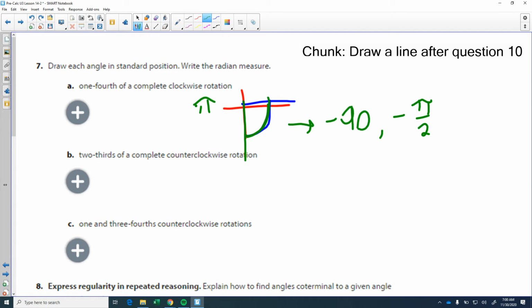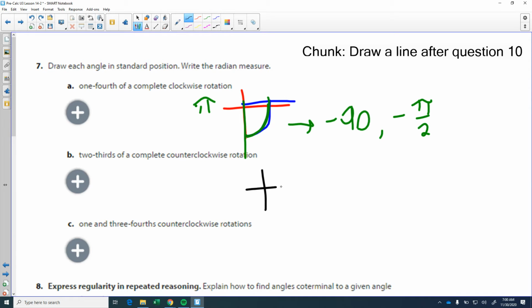If I go 2/3 of a complete counterclockwise rotation, once again, we draw our graph. 2/3, where it would be right about here. We want to understand what's that actual value. Well, 2/3 would be 120 degrees, if you're thinking about 2/3 of 180. Oops, excuse me. I was thinking of 2/3 of 180, not 2/3 of the whole graph.